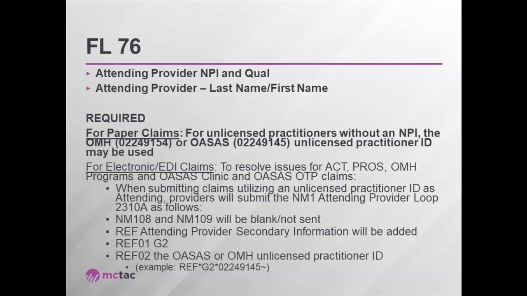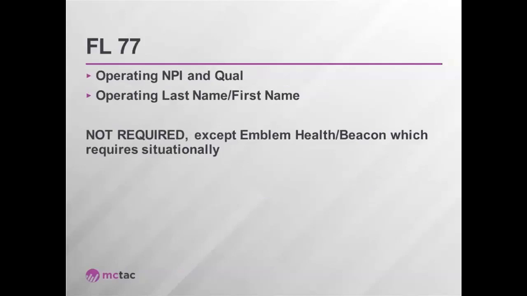If it's not required, you can use the OMH and OASAS unlicensed practitioner number. We do have a section for electronic claims, but since we're working really on a paper claim, you really don't need to worry about the bottom portion of this slide.